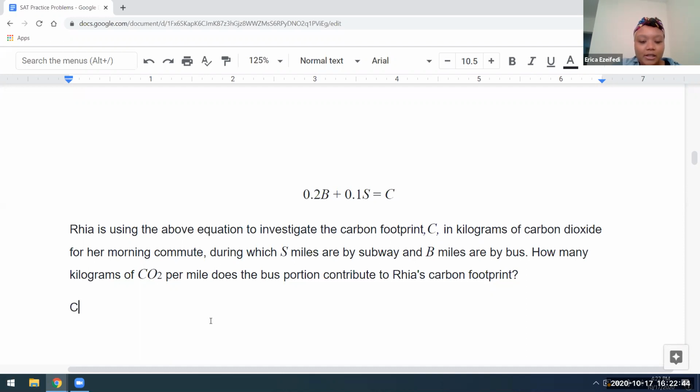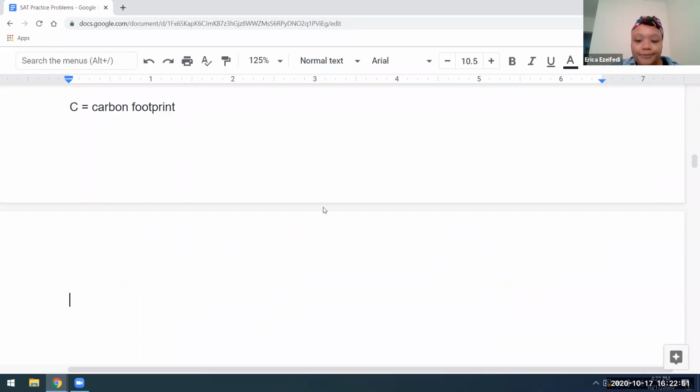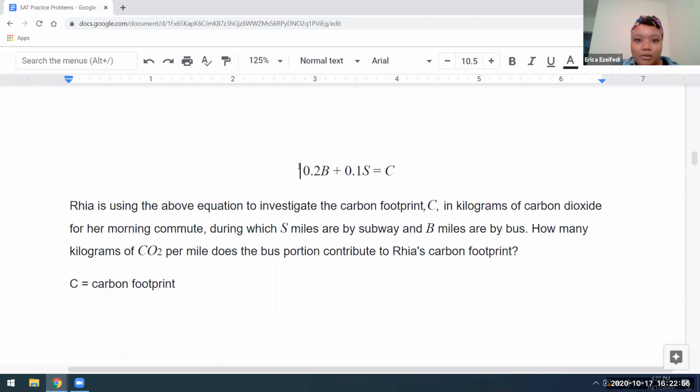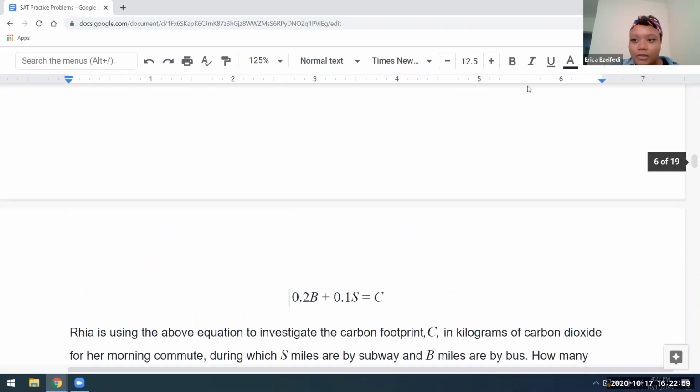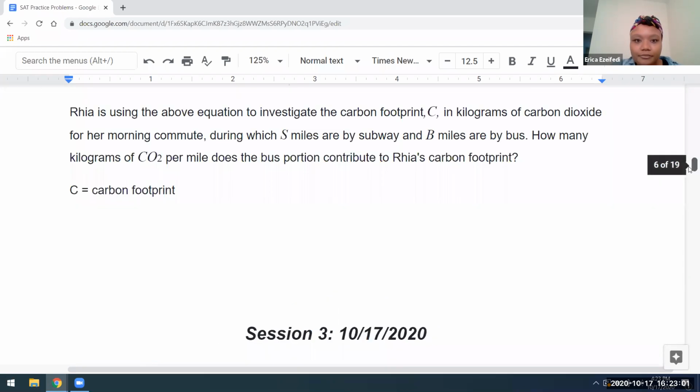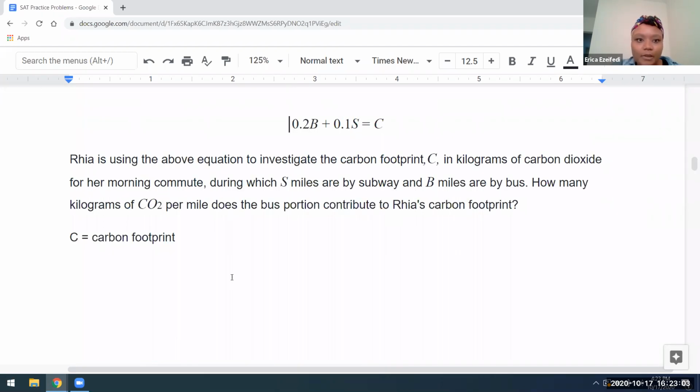So we already see C equals carbon footprint, during which S miles are by subway, and B miles are by bus, B equals bus.